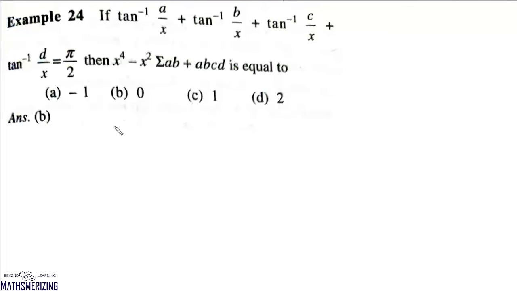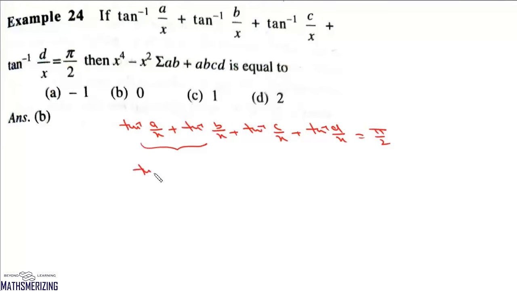Now here the question is, if tan inverse of a upon x plus tan inverse of b upon x plus tan inverse of c upon x plus tan inverse of d upon x is equal to pi by 2, then we'll need to find the value of this expression, which is x to the power 4 minus x square summation ab plus abcd. Now we'll use the formula for tan inverse x plus y.